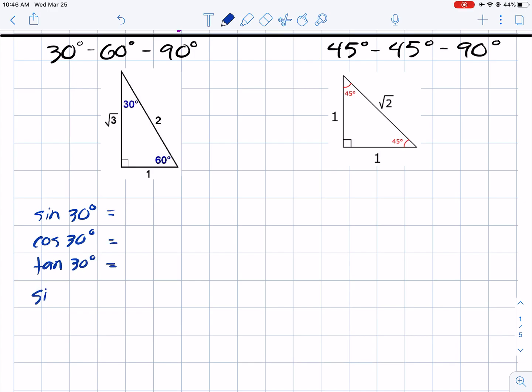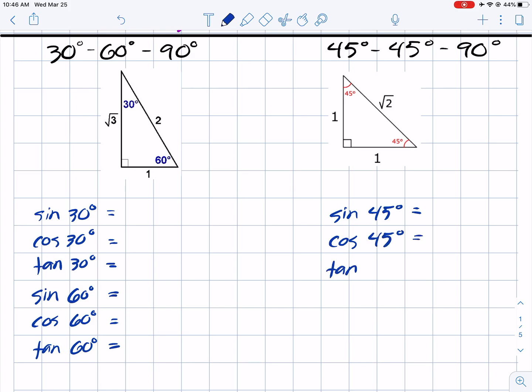And then the sine of 60, cosine of 60, and tangent of 60. And then for our 45, 45, 90, same thing. Sine of 45, cosine of 45, and tangent of 45. Those are the only three we need to do for 45, 45, 90, because both acute angles are the same measure.